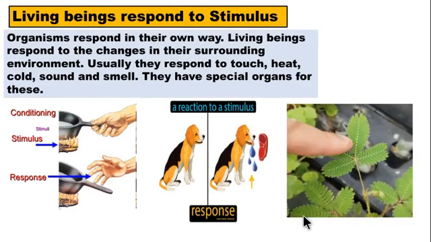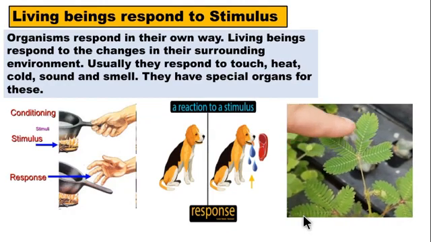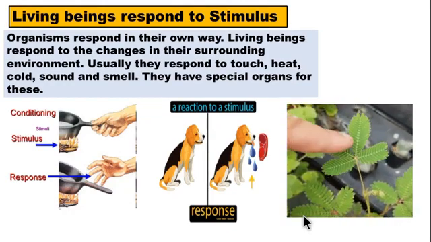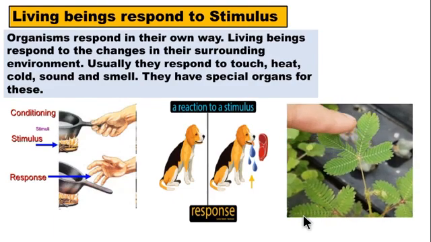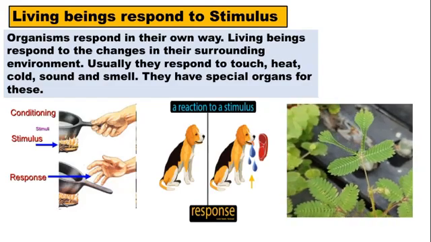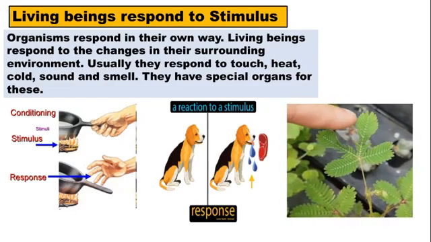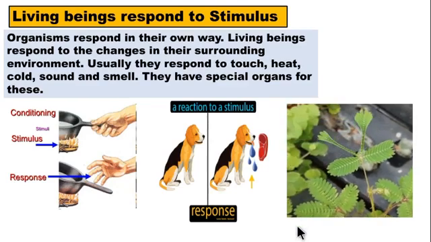If we touch it or any insect touches it, it folds its leaves. The leaves will be folding. You can observe in the picture. So it means even plants also respond to stimulus. So living beings respond to stimulus.